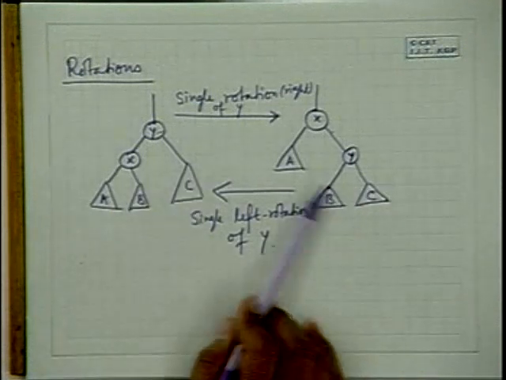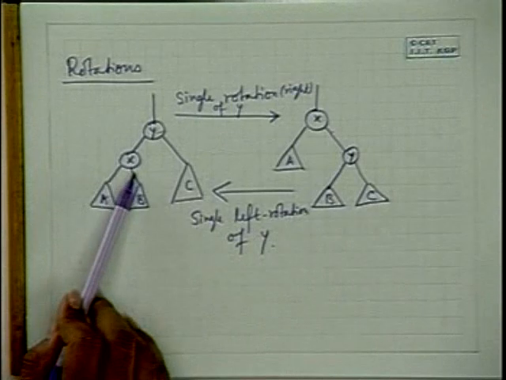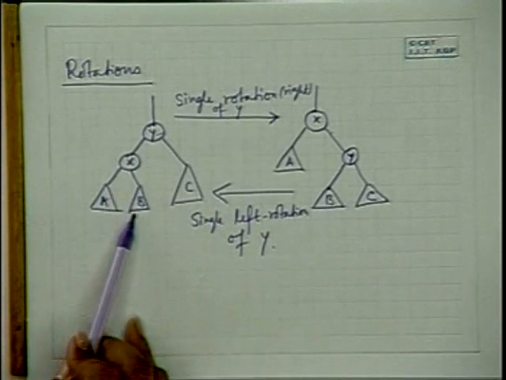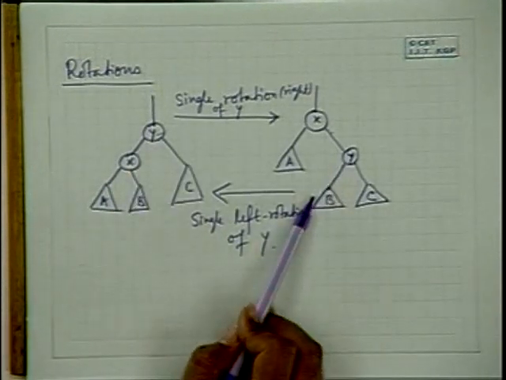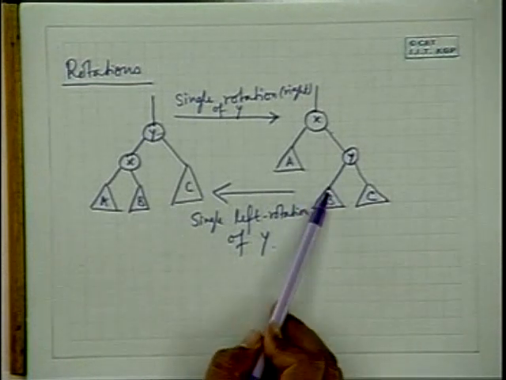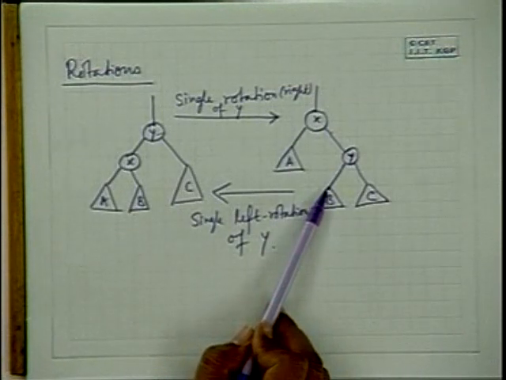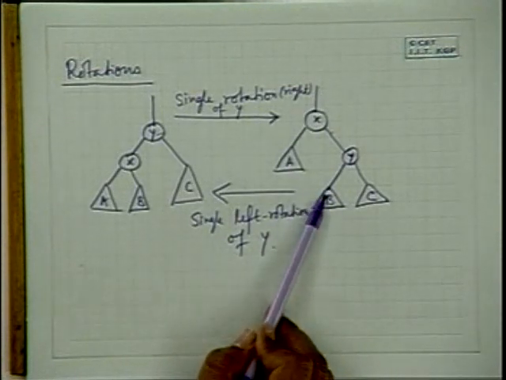By doing this, we don't disturb the binary search structure. The right subtree of b can easily be put as the left subtree of y, because y is definitely larger than all this, and x is definitely smaller than all this. So I can safely do that.